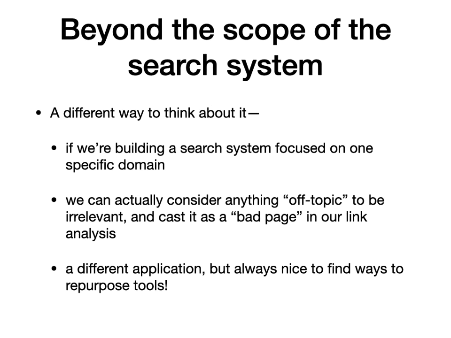Also, we talked briefly about using this link analysis technique to set a scope for your system, right? You could say all of these topics are off base. If you're trying to set up a web search system about baseball articles for a particular team, you might want to throw out all the articles that are not about baseball.